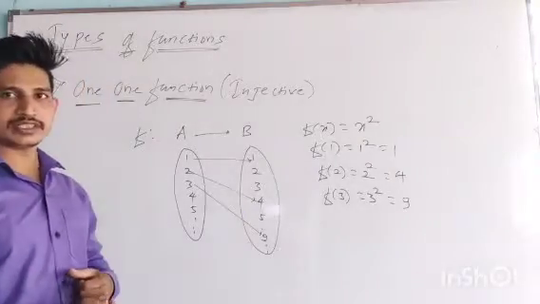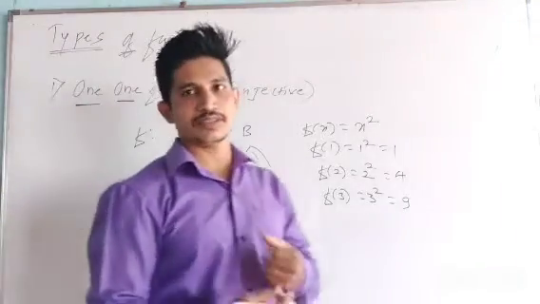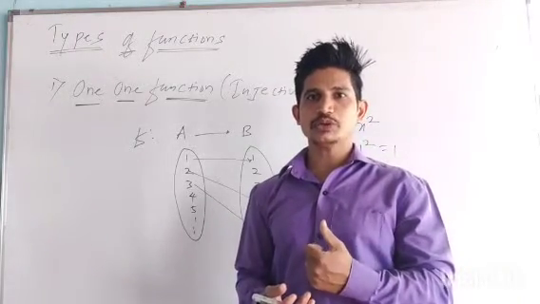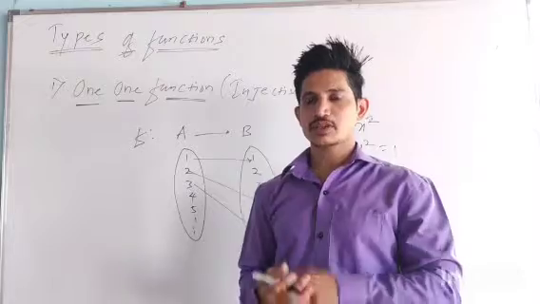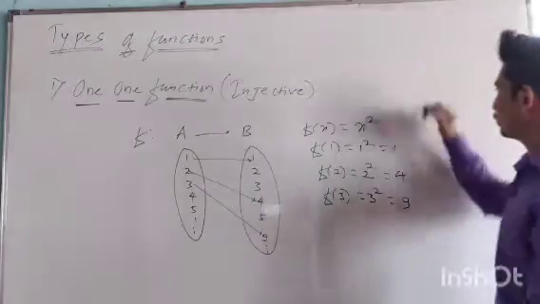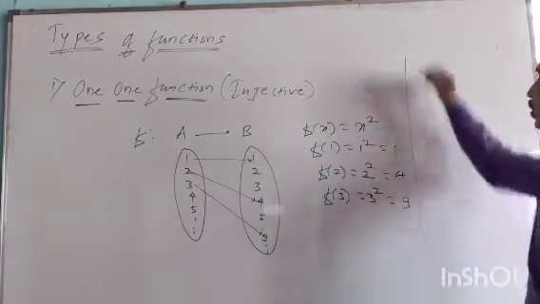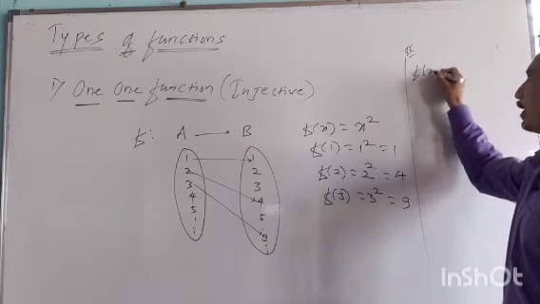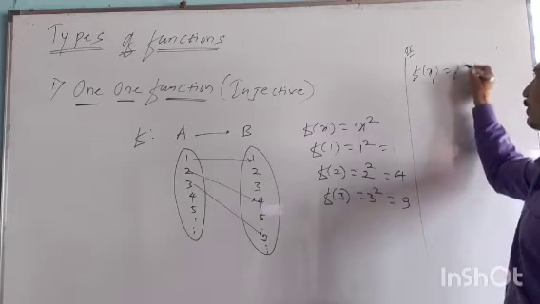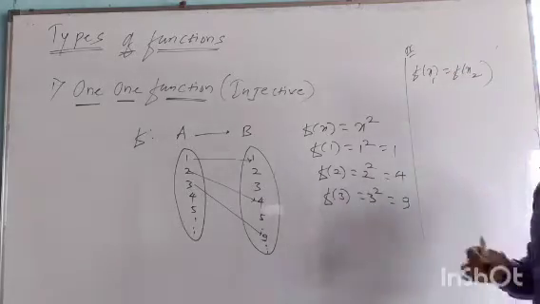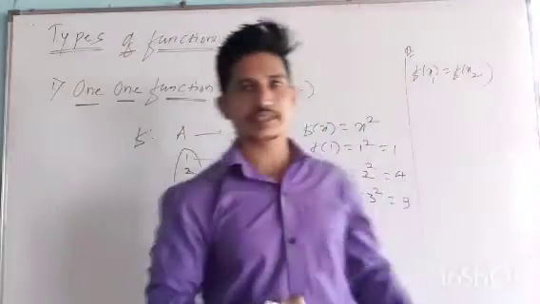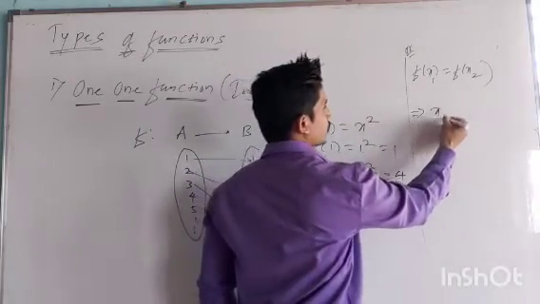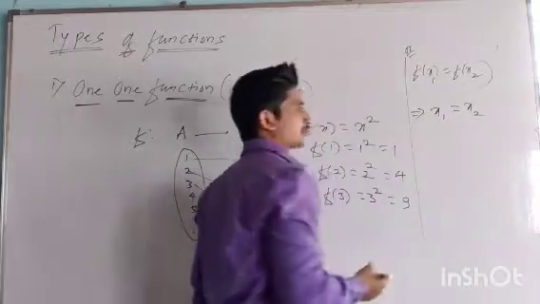Now one more thing. When it is asked to prove that a function is one-one, how to show that the function is one-one? For that there is one more rule. If f of x1 is equal to f of x2, that should imply x1 is equal to x2.